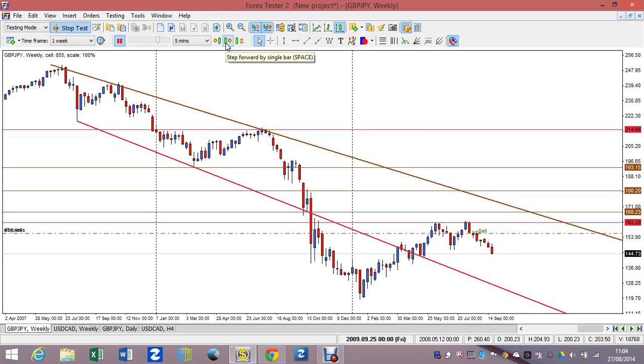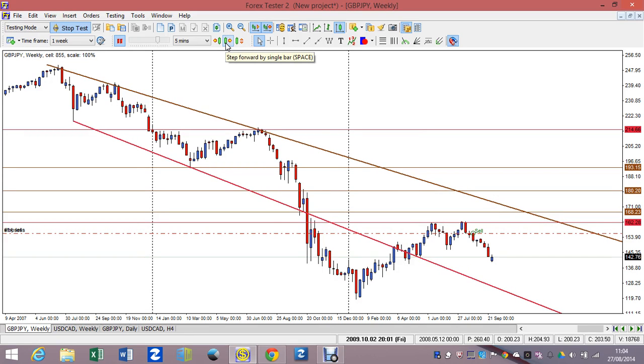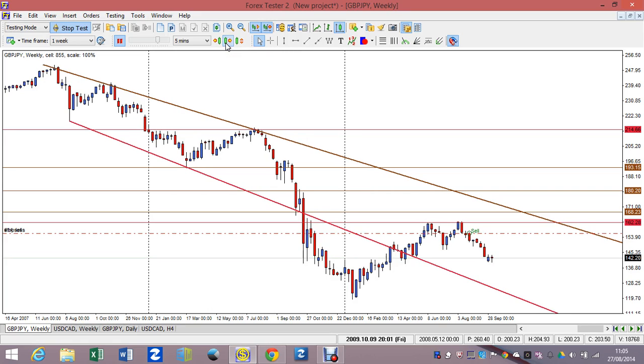So we'll move forward on the weekly on the pound yen. And that is a very small pin bar, but it is at a level.